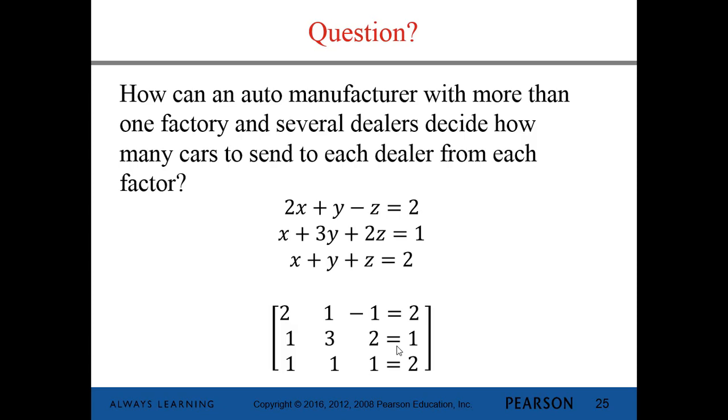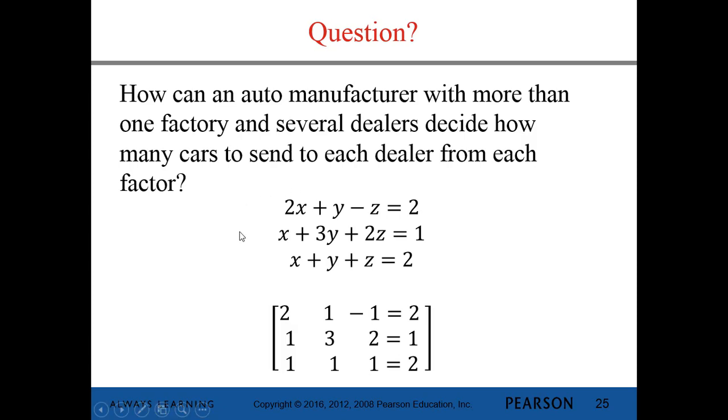Depending on how far each dealership is from a manufacturing plant, how does a company decide where to send from which manufacturing plant to which dealer? Well, that is the type of question that we can answer using systems of equations.